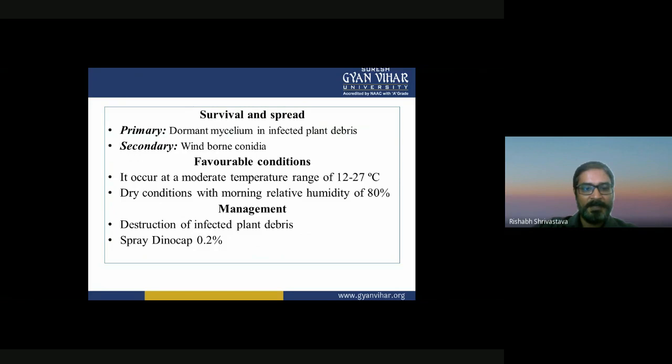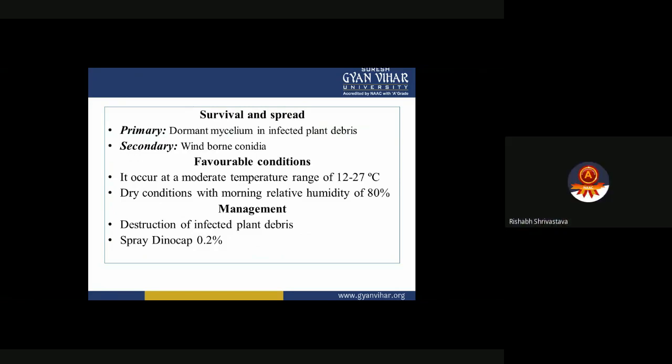Survival and spread. Primary: dormant mycelium in infected plant debris. Secondary: wind-borne conidia.